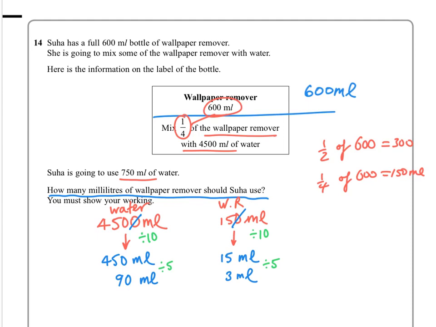Then I think what I'm going to do is I'm going to divide both sides by 3. So that's going to give me 30 mils of water is 1 mil of wallpaper remover.